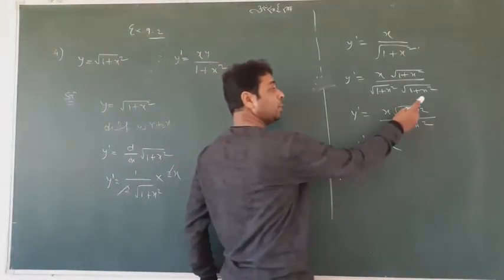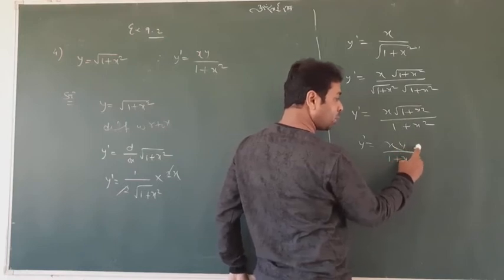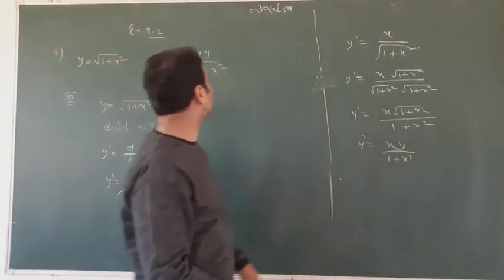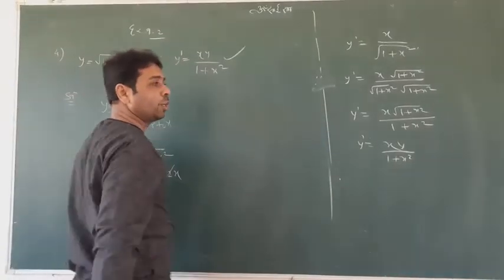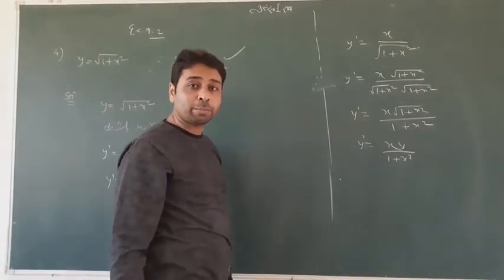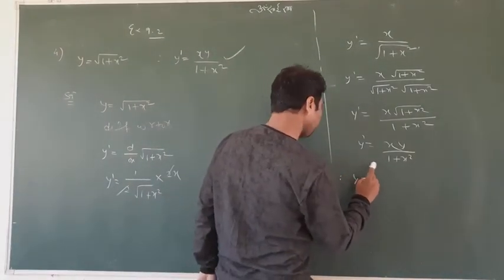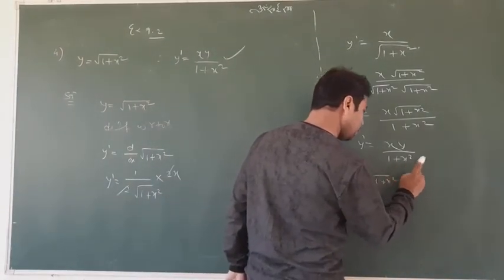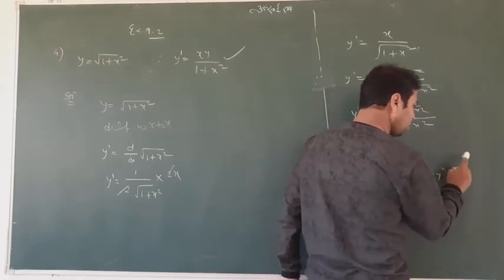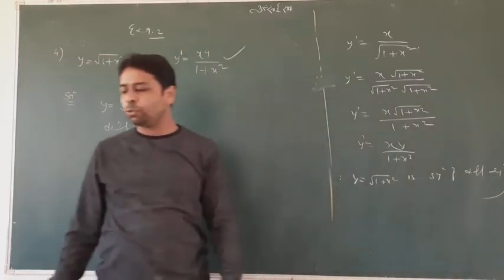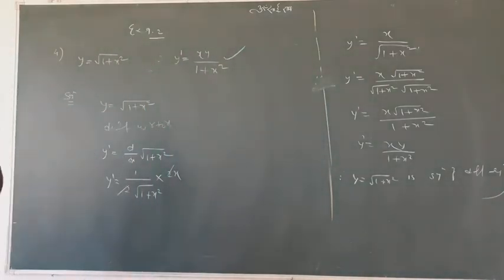So it is xy upon 1 plus x square. Can you see, student, that the same term which was actually the requirement has come directly at once by doing the required differentiation. It means y is equal to 1 plus x square is a solution of the differential equation. This is the way of solving. Now students are getting it. I don't think it's a trouble.